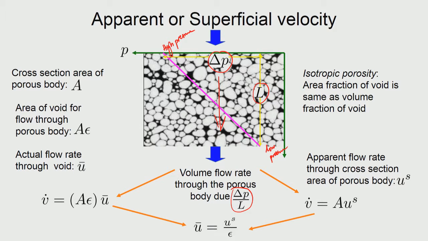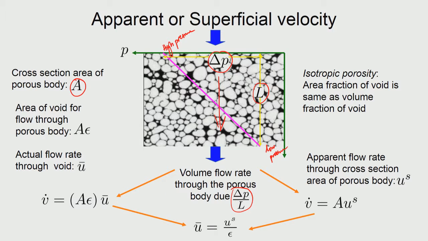Now the porous body would have a volume V, and the ratio of V and L would give you the cross sectional area of the body. We call that A. This A is the area of the body, which means that it can be measured by using calipers looking at the width and depth of the body.